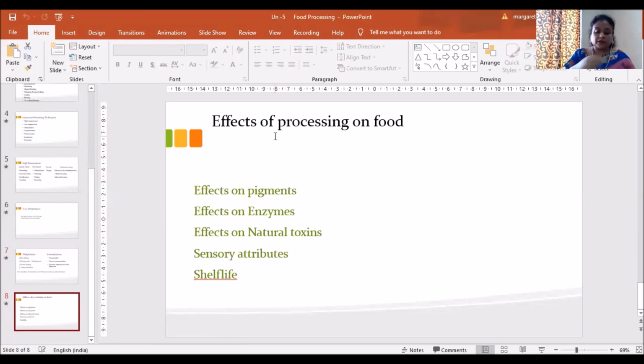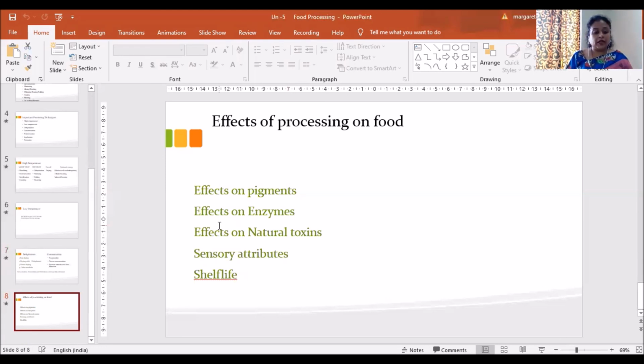You have natural colors like chlorophyll, which is the green color present in bitter gourd, green leafy vegetables, cucumber, etc. Then carotenoid, that is orange red, found in papaya, mango, carrot, capsicum, tomatoes. Then anthocyanin, which is red purple, found in cherries, beetroot, pomegranate, red cabbage, etc. So you have various colors with different pigments found in various food products.